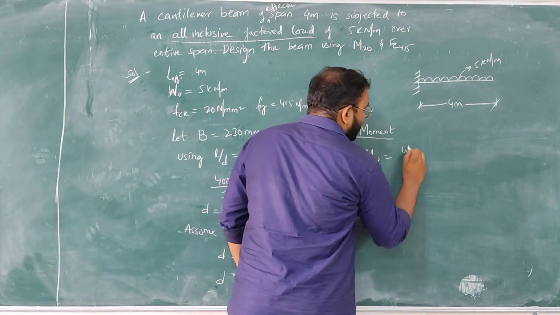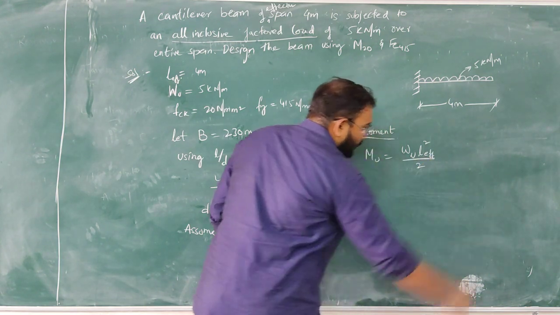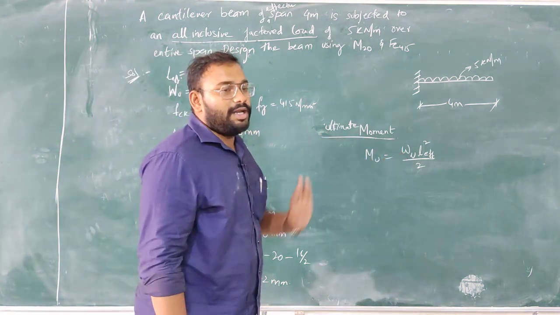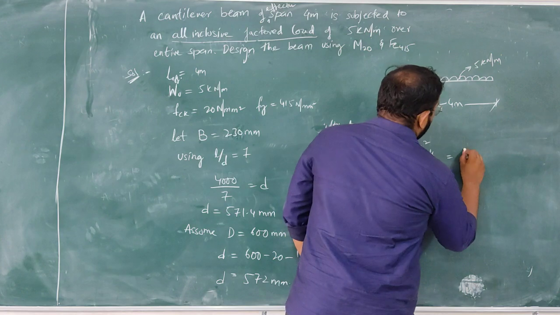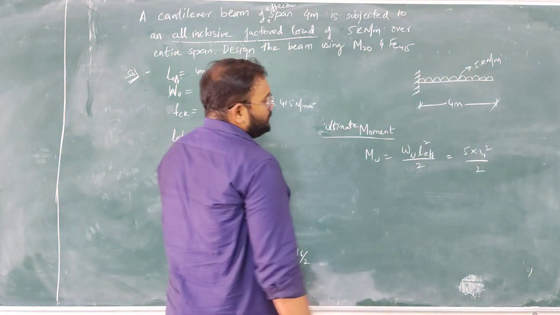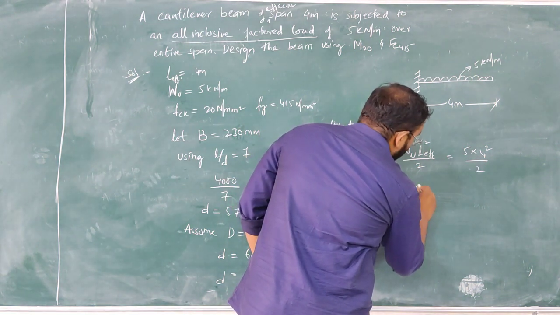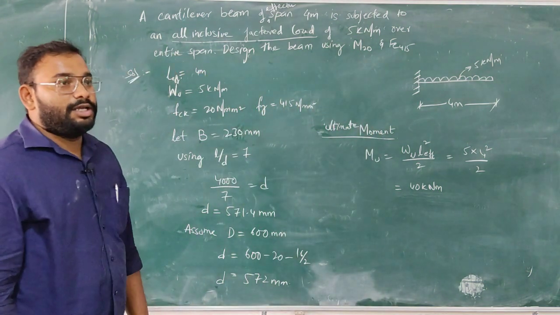Mu is equal to Wu into L effective square divided by 2, because this is a cantilever beam. Always remember, see the end conditions properly and use the formula. So this will be 5 multiplied by 4 square and whole divided by 2. This comes out to be 16 into 5, it is 40 kilonewton meter.